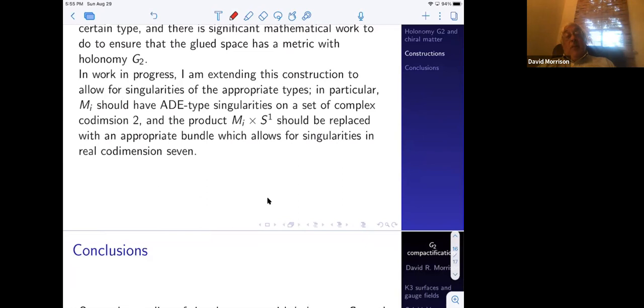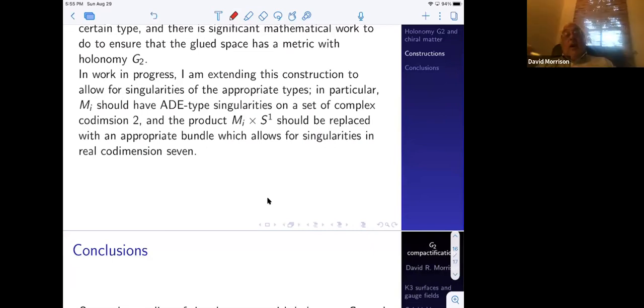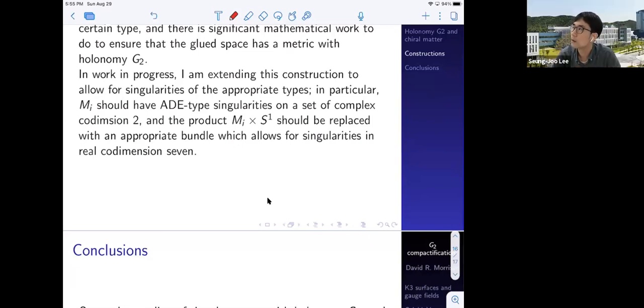And I'm going to replace that with a singular M_I in which I've allowed each of the K3s in that family to itself have some kind of ADE singularity. So that will give me a singular space. I also will need to modify the S1 into a generalized bundle in which at a finite collection of points, the S1 shrinks to a point. And at those points, I have the potential of putting in codimension 7 singularities.